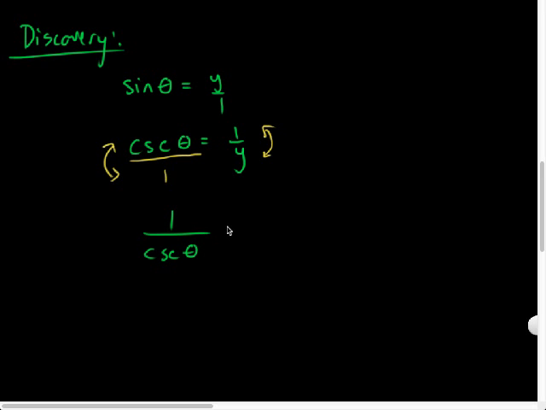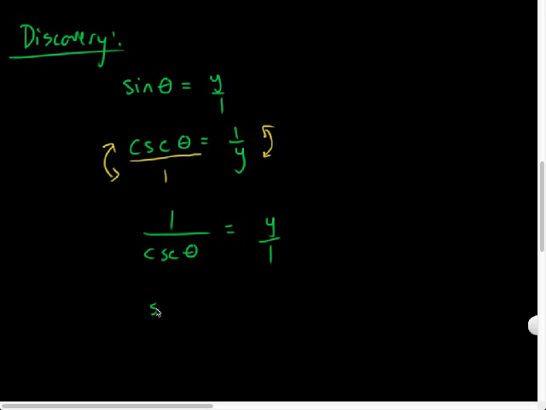So 1 over cosecant of theta is equal to y over 1. And wait a minute. Y over 1, I've seen that before. So by the transitive property, if A equals B and B equals C, therefore A must equal C. So check this out.